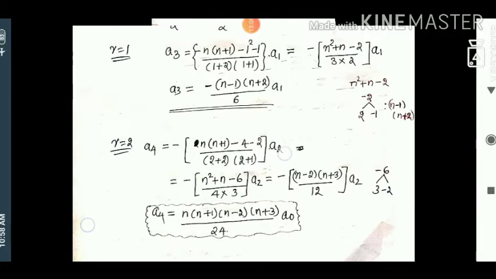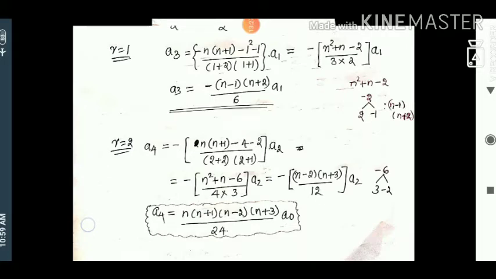So here a2. Simplifying inside, minus of n square plus n minus 6, because minus 4 minus 2 is minus 6, divided by 4 into 3 into a2 equal to minus of n square plus n minus 6, which we can factorize as n minus 2 and n plus 3 divided by 12 into a2.